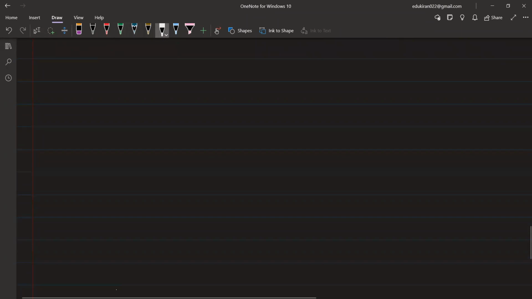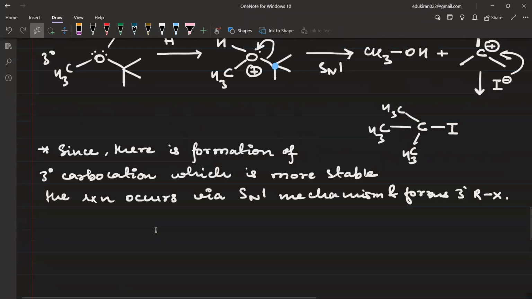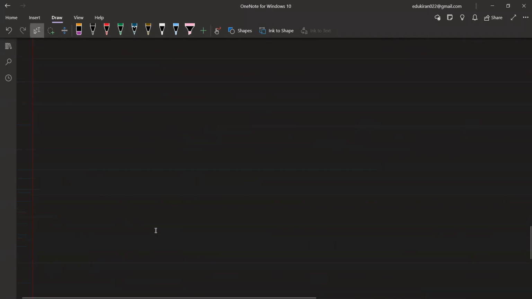Okay. Now, right next, if you have alkoxy benzenes, right? Alkoxy benzene will have a structure like this.